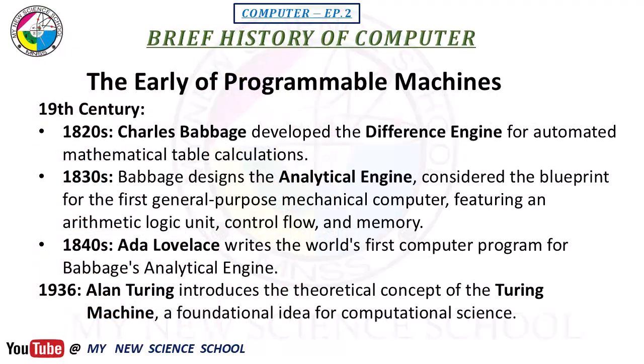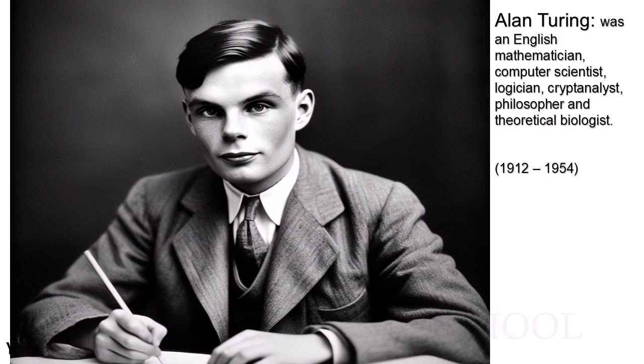Now, let's see another scientist called Alan Turing, who introduced the theoretical concept of the Turing machine. Who is Alan Turing? This is the person. Alan Turing was an English mathematician, computer scientist, and logician, also a philosopher.